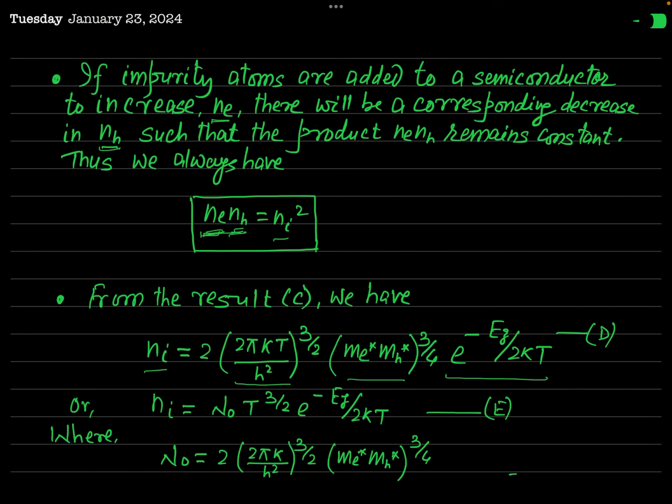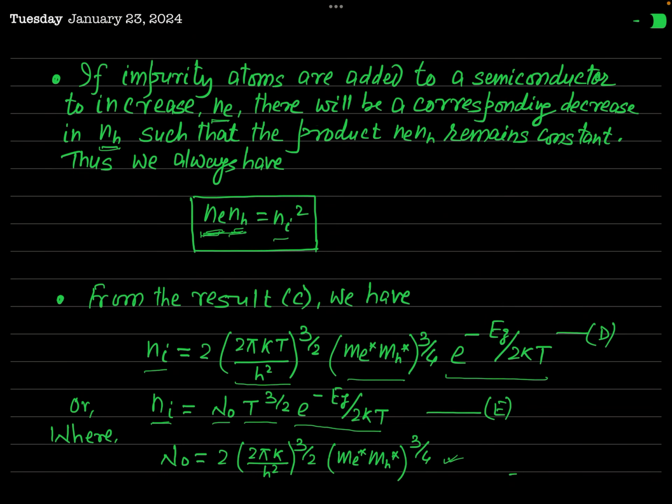Now this result can be written as Ni equal to N0 times T to the power 3 by 2 times exponential raised to the power minus Eg over 2kT. Here, capital N0 is written for the rest of the expression. You can see from this result that with the band gap Eg, the concentration Ni decreases exponentially.